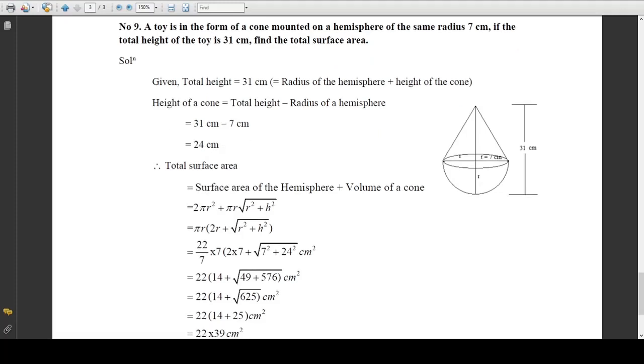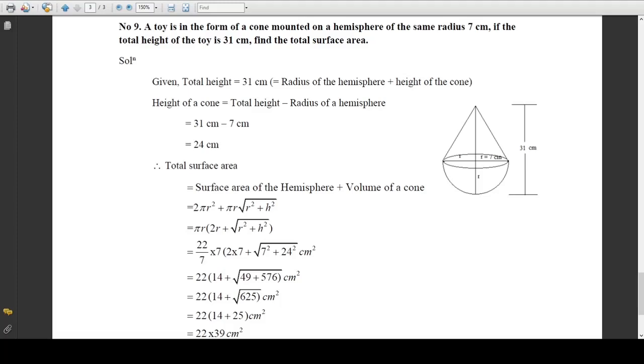Substituting the value of pi, r and h here, you will have 22 by 7 multiplied by 7, 2 multiplied by 7, 7 square plus 24 square. 7 square is 49, 24 square is 576, 2 multiplied by 7 is 14, then this 7 and this 7 cancel, you have only 22 and then 14 plus root over of this.